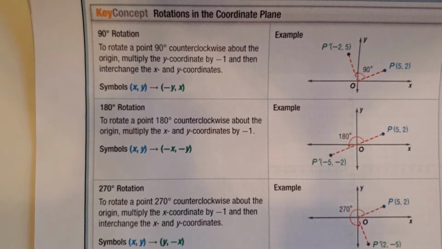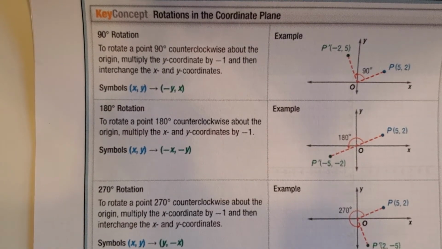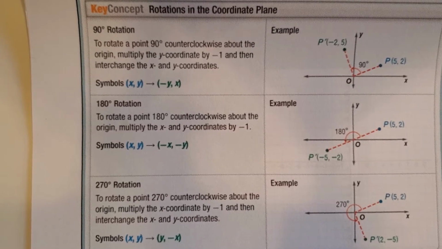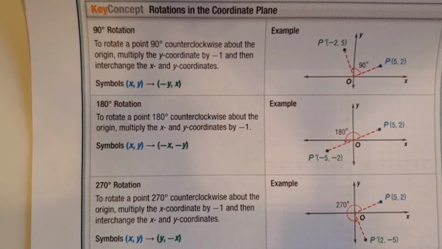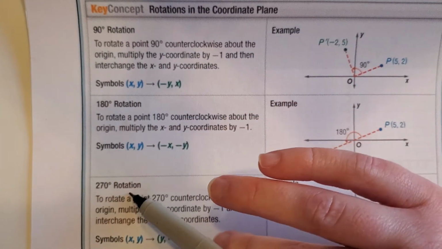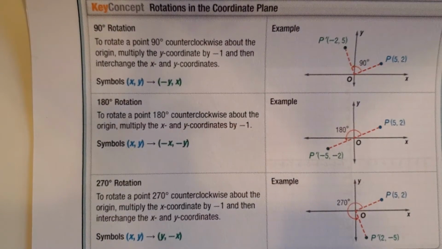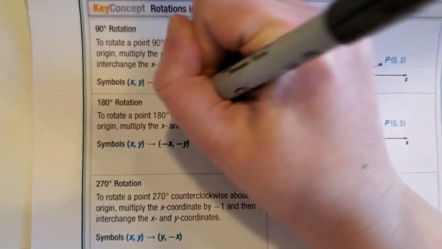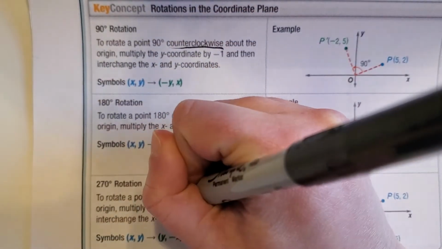We're talking about 3 different general possibilities for angles of rotation: a 90-degree rotation, a 180-degree rotation, and a 270-degree rotation. And all of these go in the counterclockwise direction.